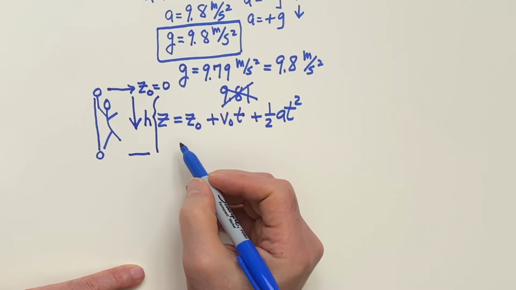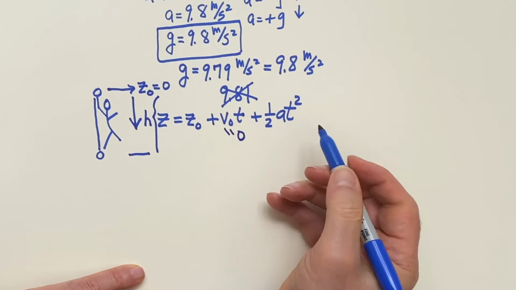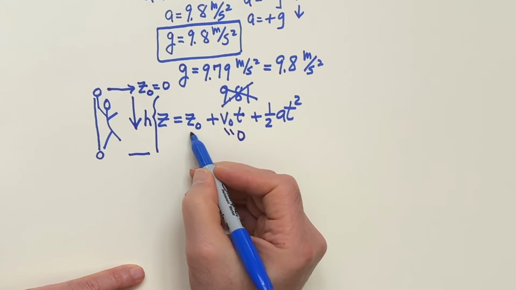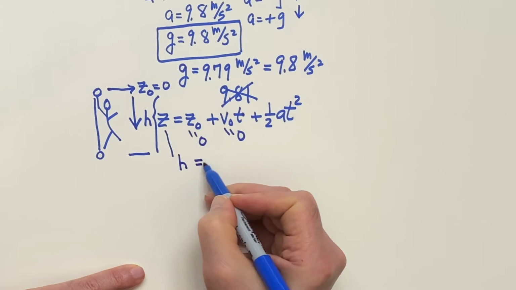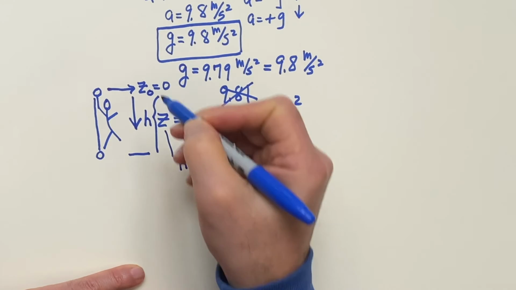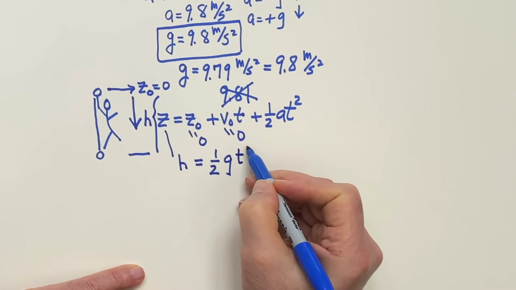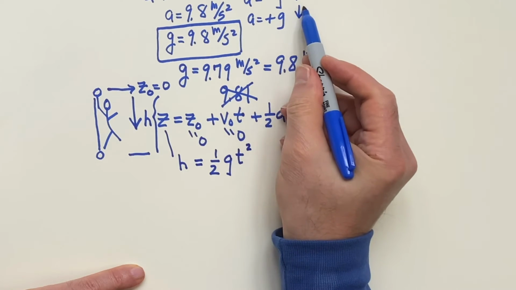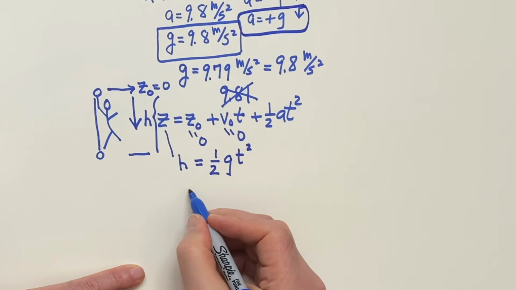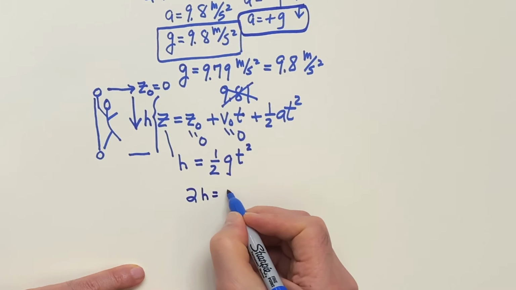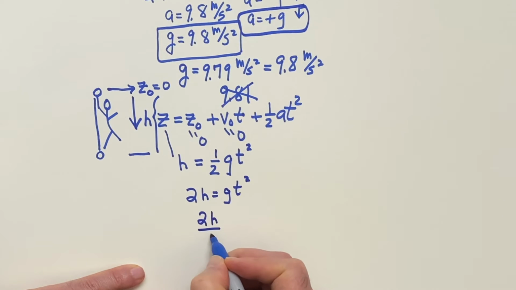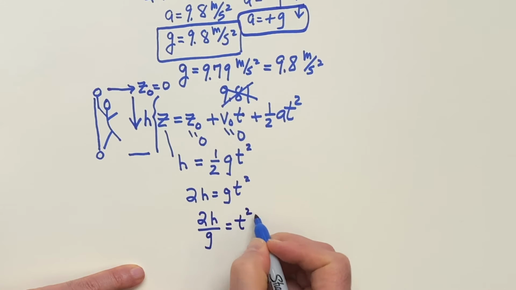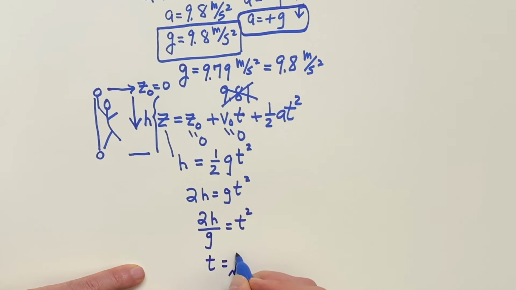So in other words, this is going to be 0, and it's then going to simply be, if you put a 0 there and you put an h here, and then this is a positive g since we're going with the g. So A is equal to g. We're using this case here. And then 2h equals gt squared, and then 2h over g is t squared, and then t is the square root of 2h over g.